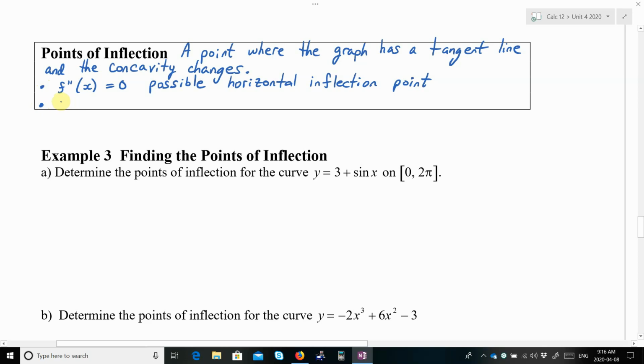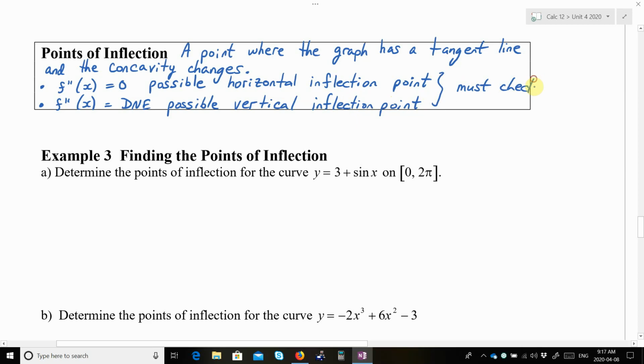And the second bullet point is this: if f double prime of x does not exist, then we get a possible vertical inflection point. And we must check these situations.